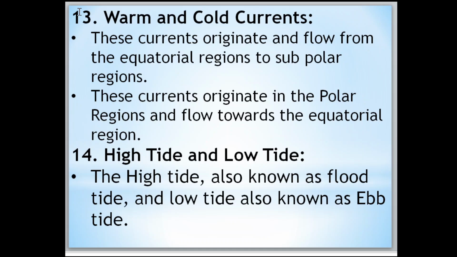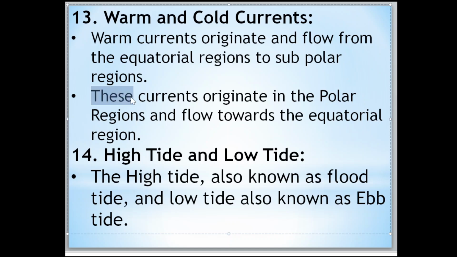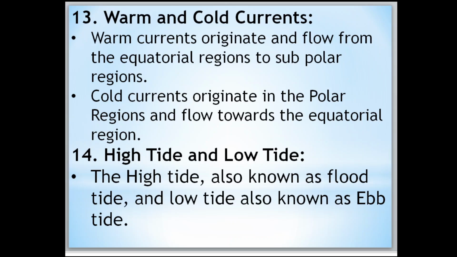Warm currents originate and flow from the equatorial regions to the subpolar regions, and cold currents originate in the polar regions and flow towards the equatorial region.